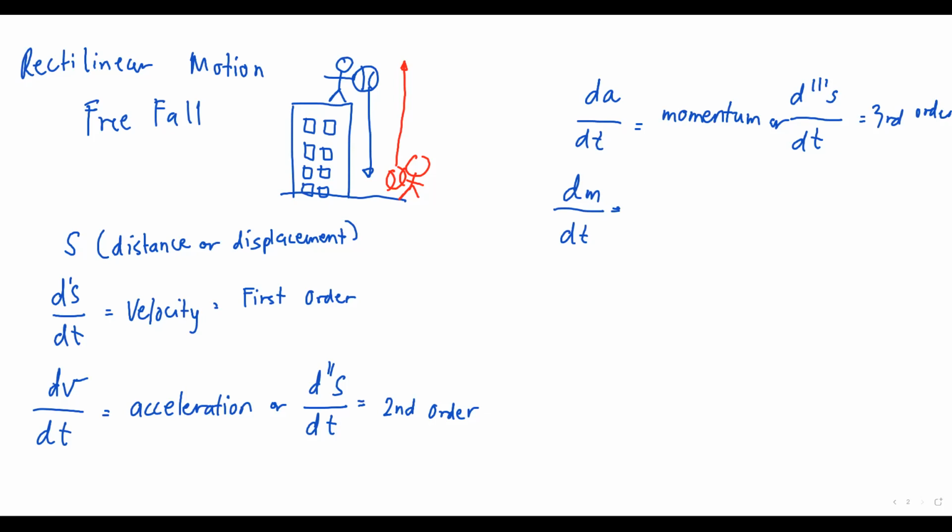Hindi siya nilagay. Anyway. So, jerk tawag dito. Jerk. Okay? So, ayan. Or fourth order derivative of displacement. So makikita nyo guys, in higher order derivatives, nagkakaroon tayo ng bago.